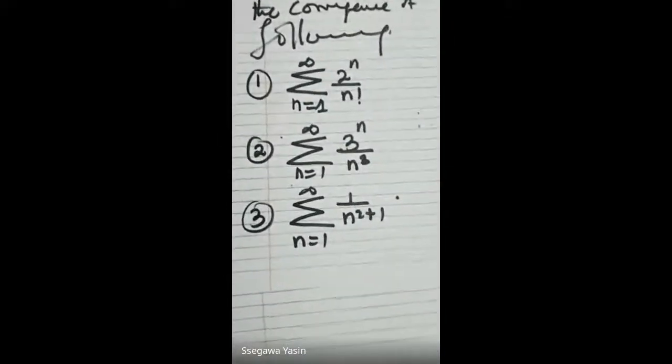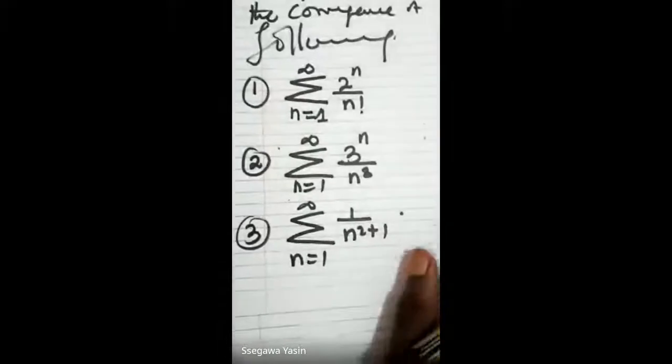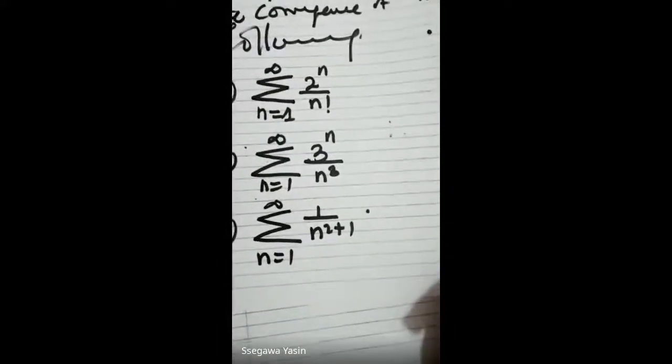So we are going to determine whether these are convergent or divergent, but we are going to use the method we have seen already, which is the ratio test. I hope you have finished copying.